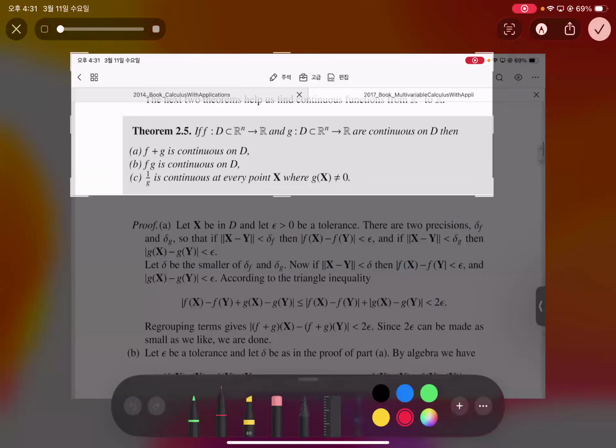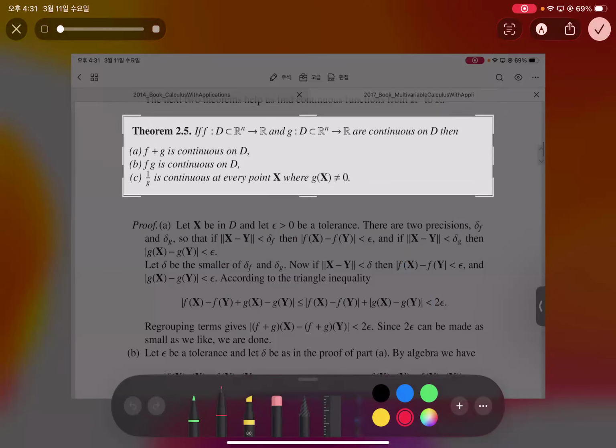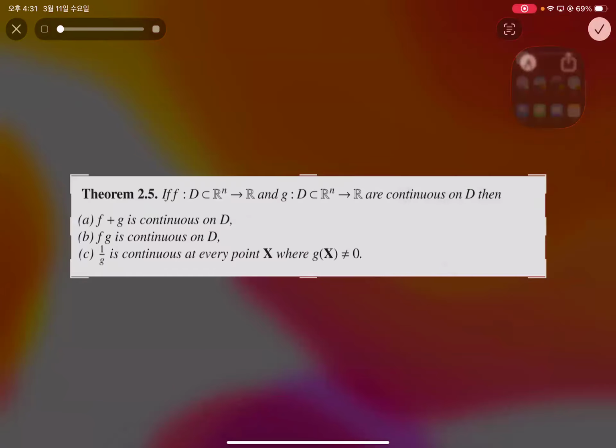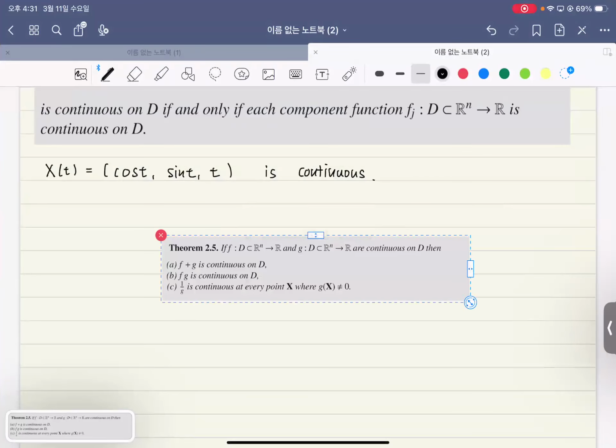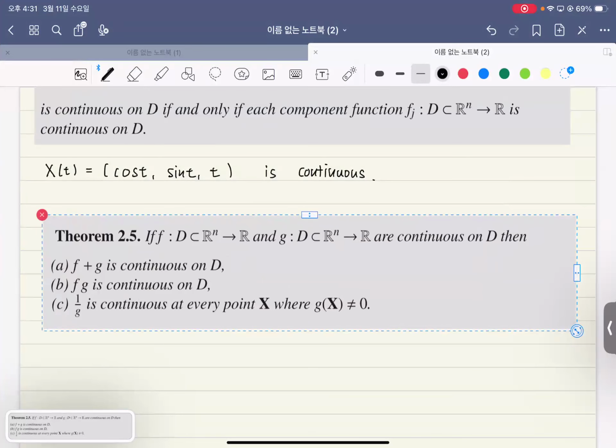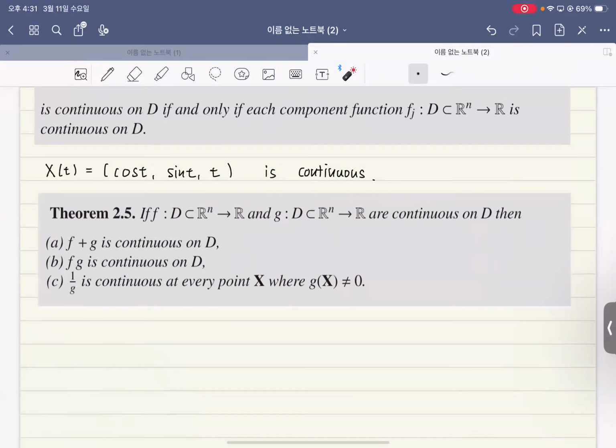Another easy theorem: we have two real valued functions, f and g. Our convention is when we are referring to functions, if they use lowercase symbols, then that usually refers to real valued functions.